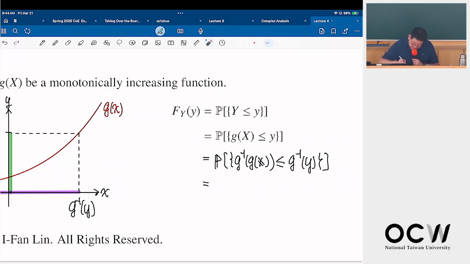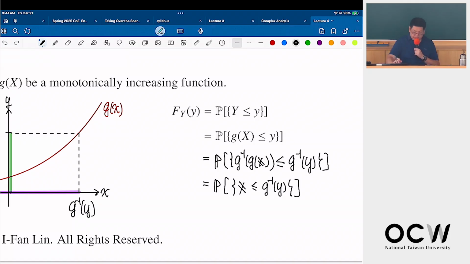What is the left-hand side? g inverse of g of x, that is just x. And then the right-hand side, that is g inverse of y. So that's why my x should be less than g inverse of y.